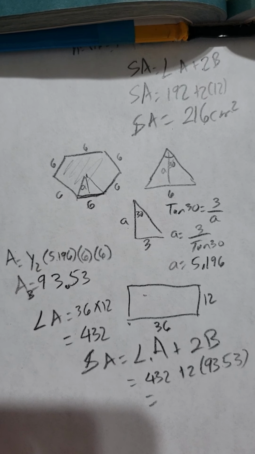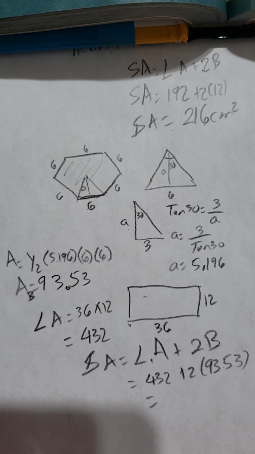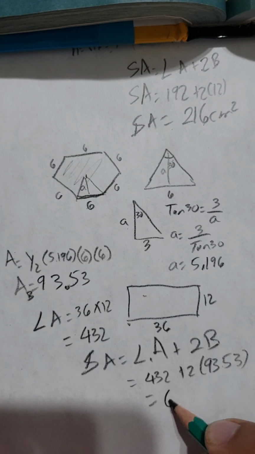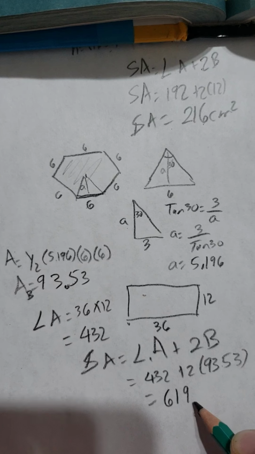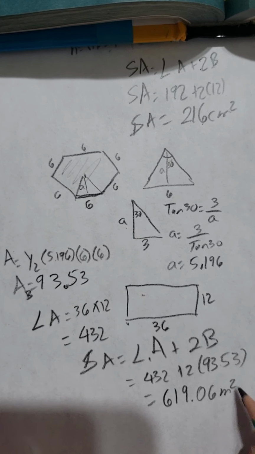The total area will be, you have to do this in your calculator, 2 times 93.53 plus 432. That is 619.06 meters squared.